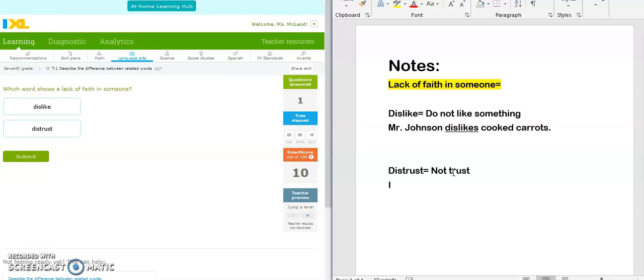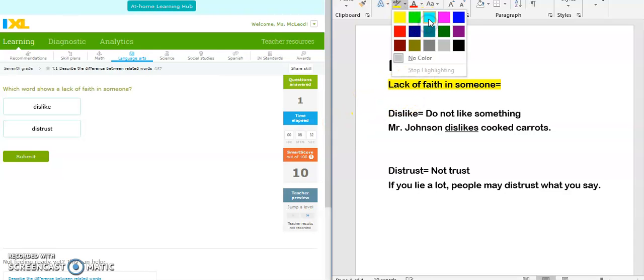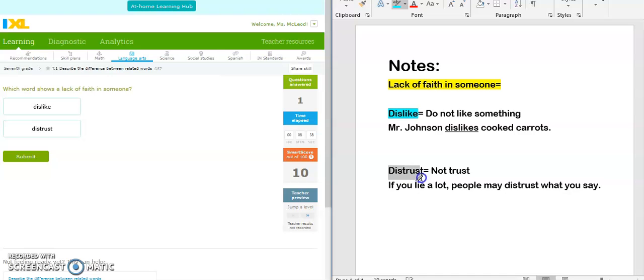If we use it in a sentence just to help: if you lie a lot, people may distrust what you say. So the two words I was given by IXL are dislike and distrust.